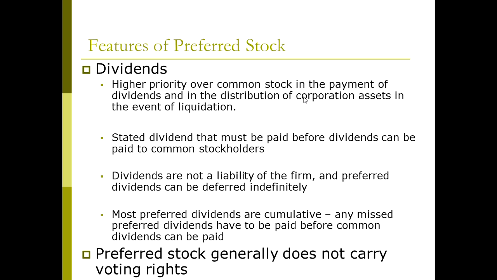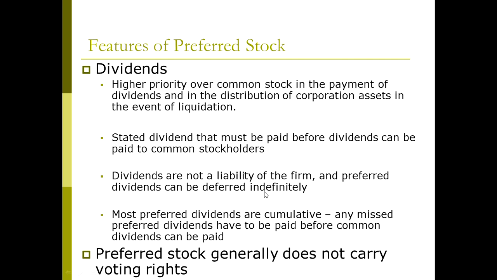In terms of liquidation, bankruptcy, or declaration of dividends, if the company does not have enough money to pay both preferred stock dividends and common stock dividends, they will give the priority to the preferred stock dividends. So the stated dividends must be paid before any dividends can be paid to common stockholders.